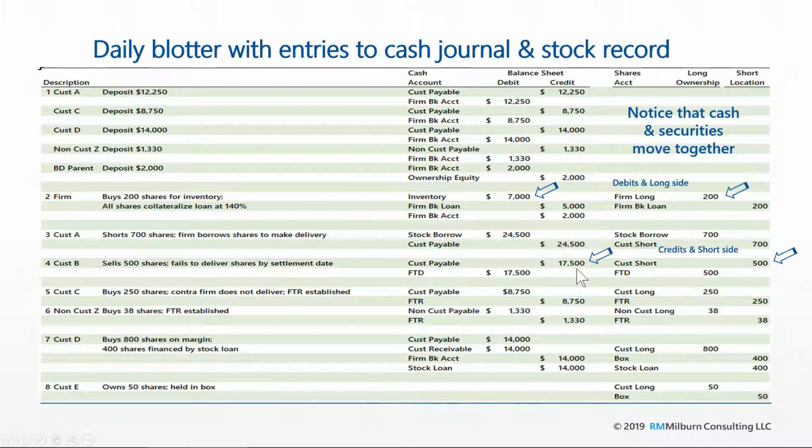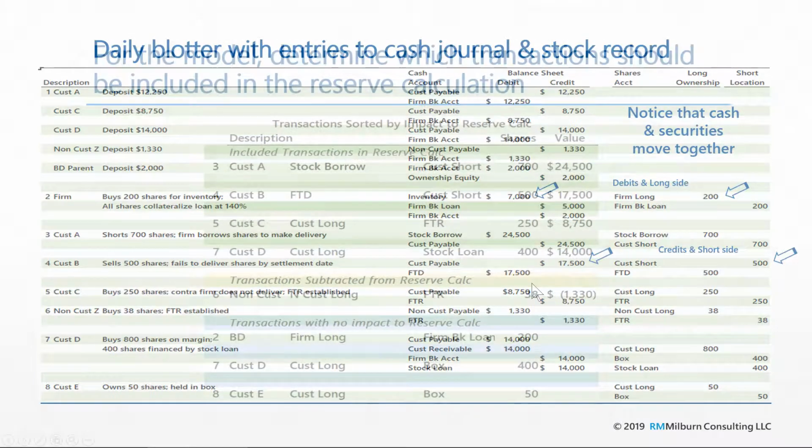And you can see we have credited him for $17,500. And at the same time, because he hasn't made a delivery, he's going to be short 500 shares. And again, it's moved to the same side. In this instance, it's on the right side. That's one way you can determine whether the stock record and the cash journal are correct because the entries will move in the same direction.